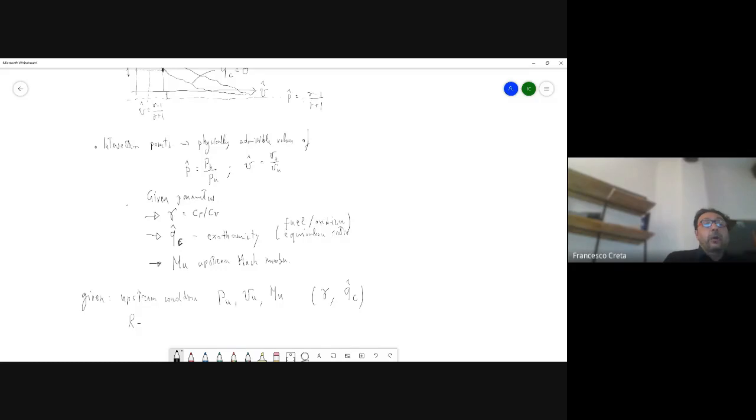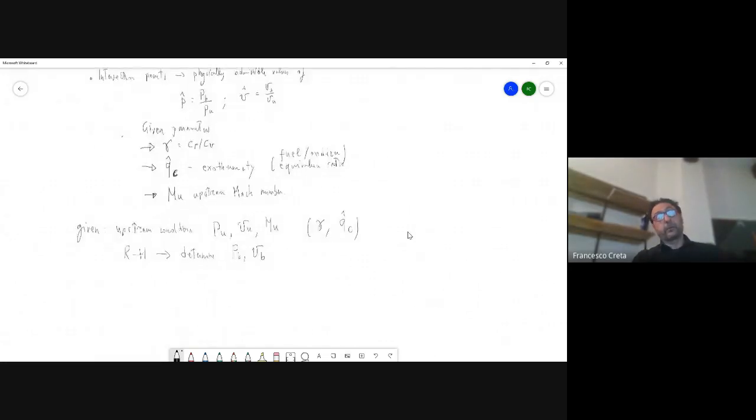The Rankine-Hugoniot analysis essentially determines the downstream conditions of pressure, PB, and density or specific volume, VB. And of course, given PB and VB, also the temperature.